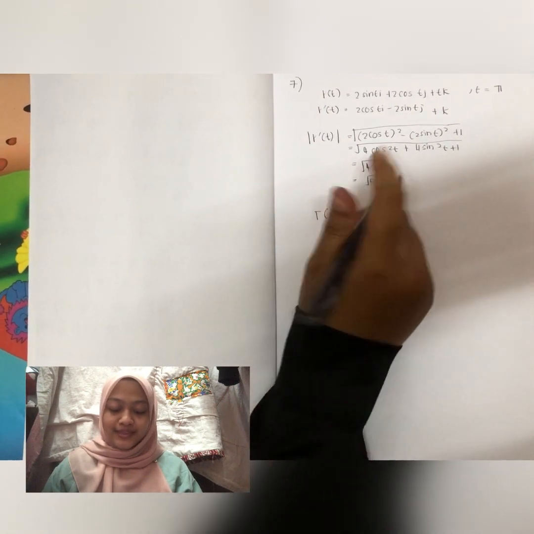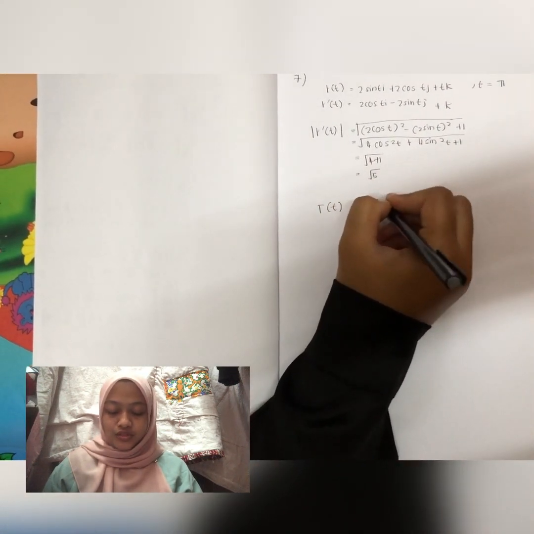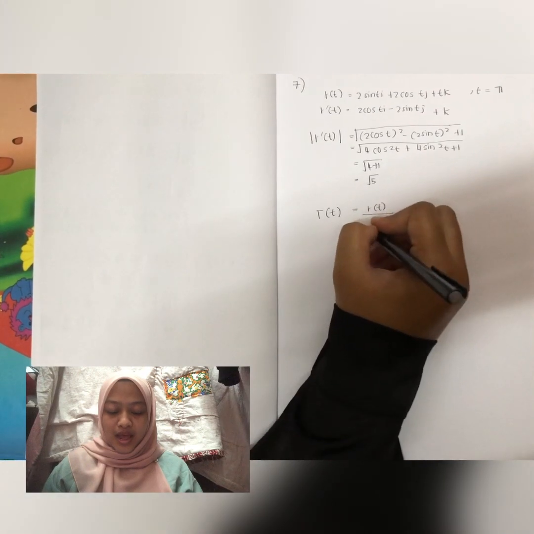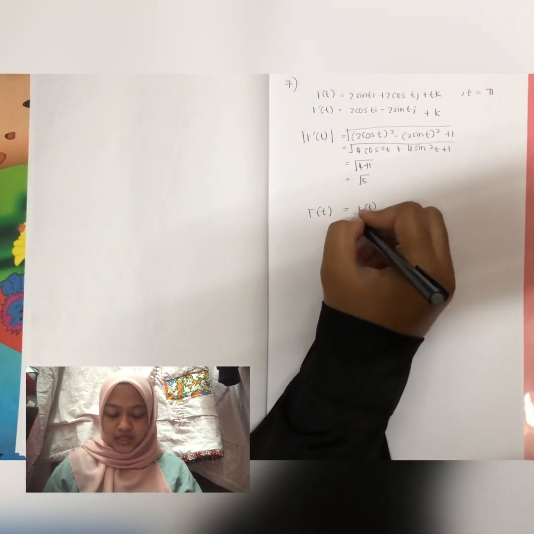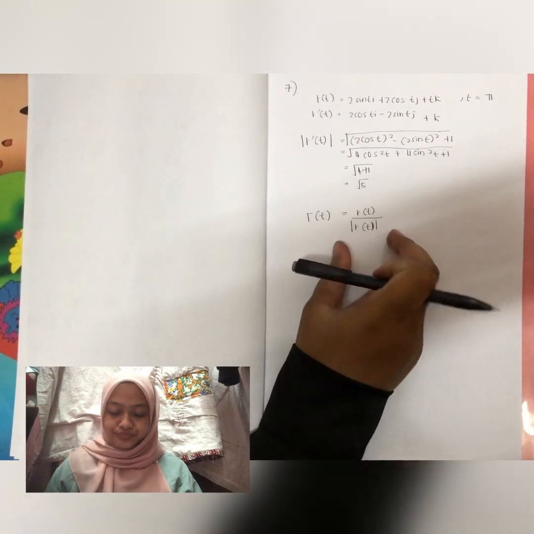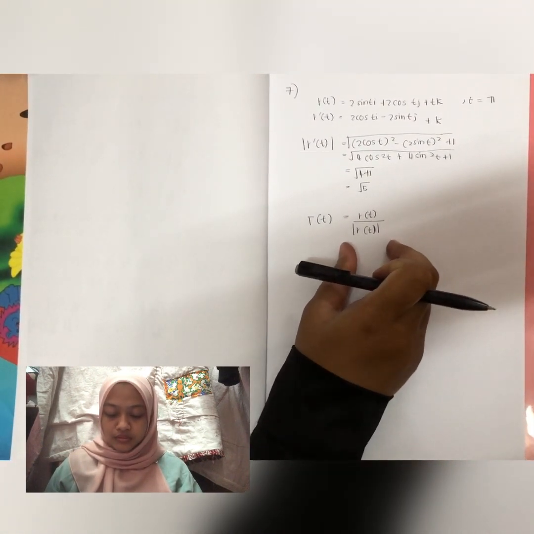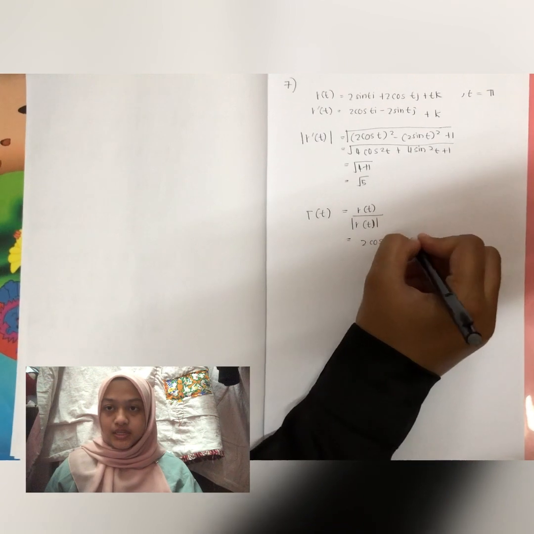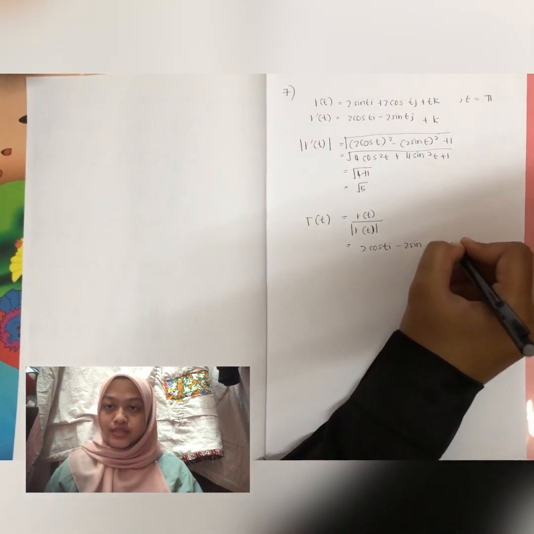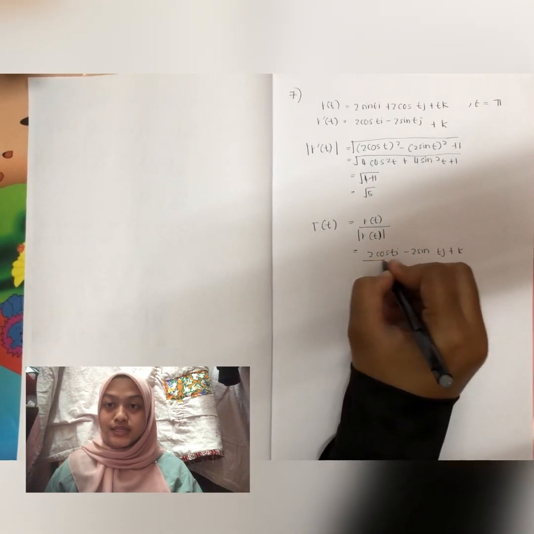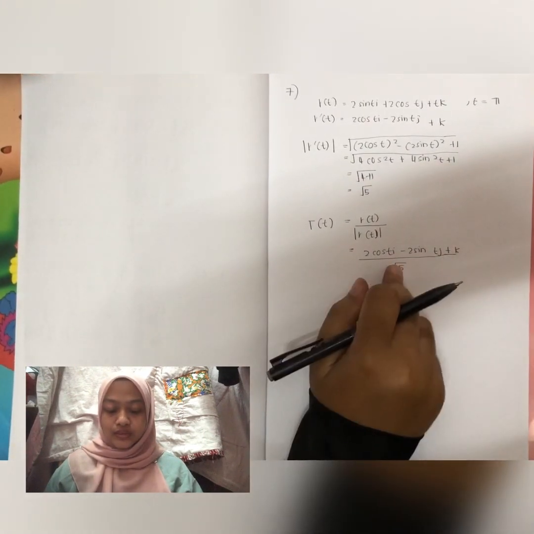Next, find T(t). So we write r prime t over the absolute value of r prime t, and we replace the equation above, which is 2 cos t i minus 2 sin t j plus k over square root 5.